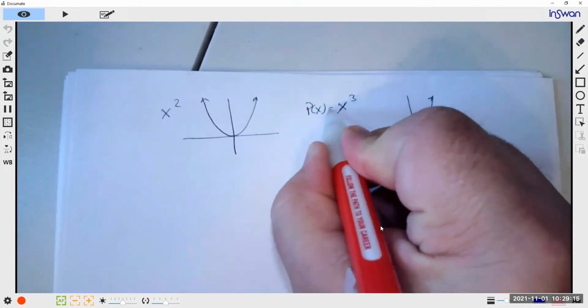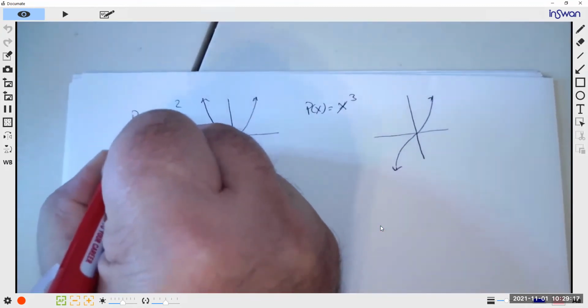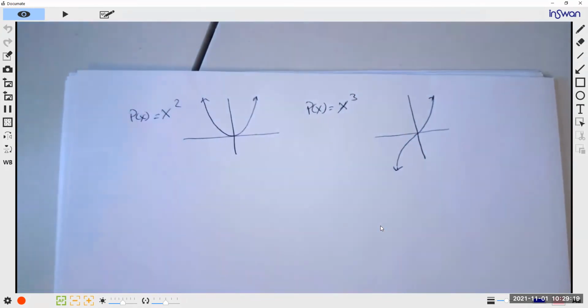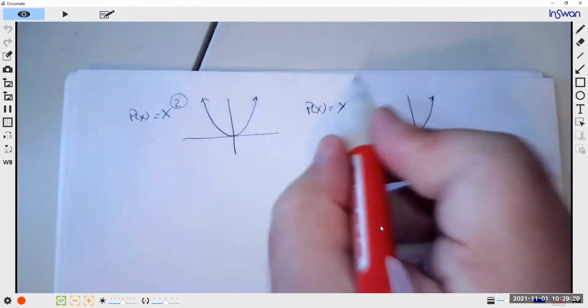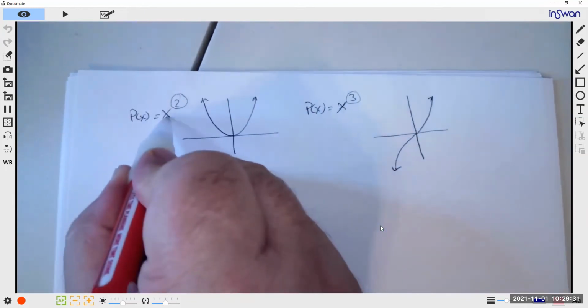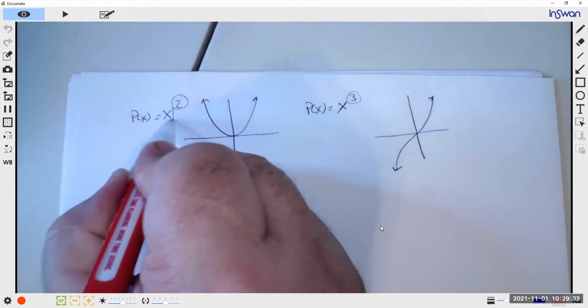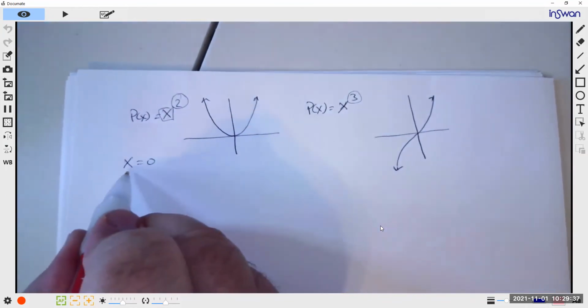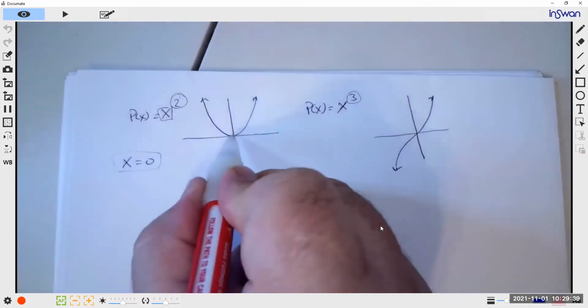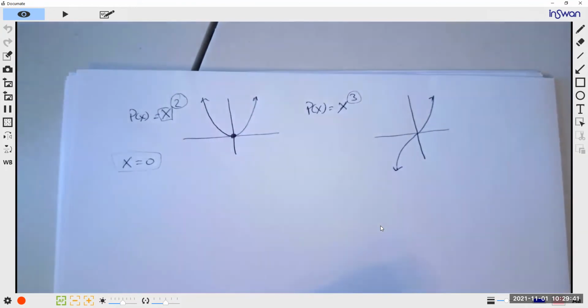So P of X equals X cubed, P of X equals X squared. Like the example we just had, this is our multiplicity. The 0, whatever's on the bottom, take it, set it equal to 0. That's our 0 value. Yep, at 0.